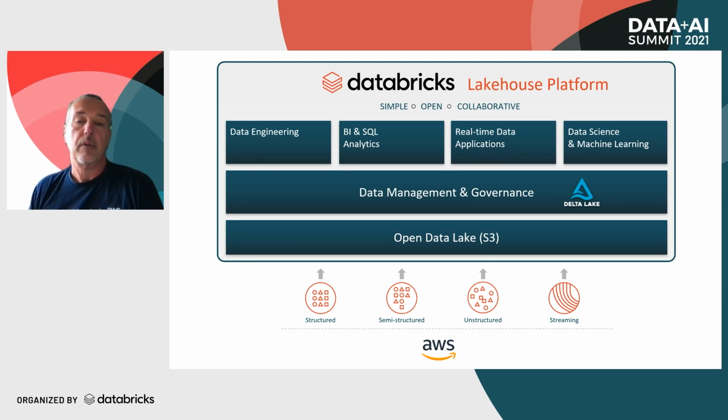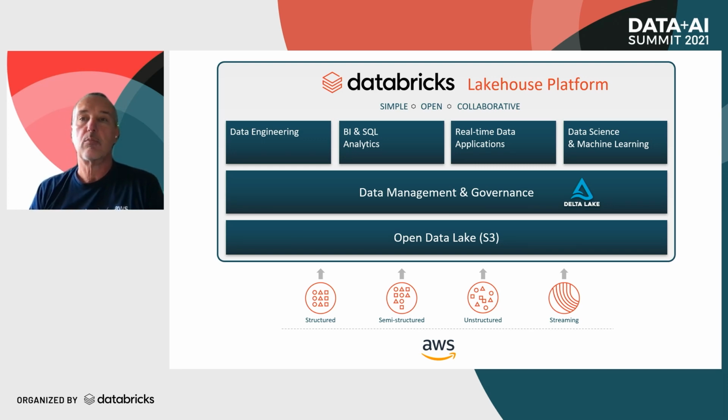It's open: it's based on open source and open standards to make it easy to work with your existing and future tools. And it's collaborative: all your personas, from data engineers and business analysts to data scientists, can work together much more easily using our collaborative environment and multi-language support. This is really why Databricks is the data and AI company. No one else can say that their platform is simple, open, and collaborative within a single solution.